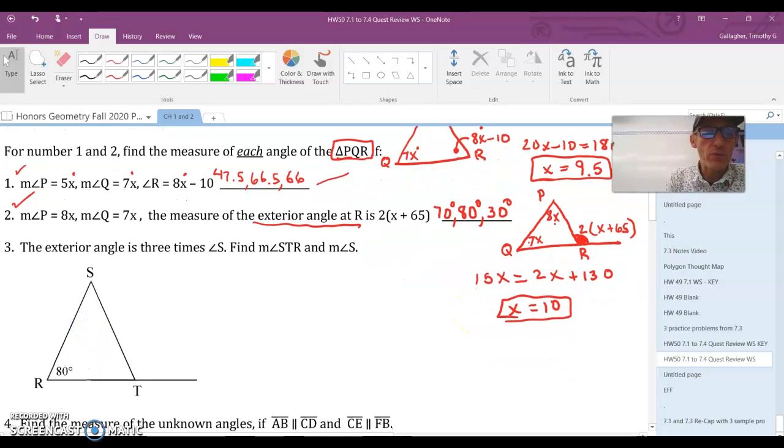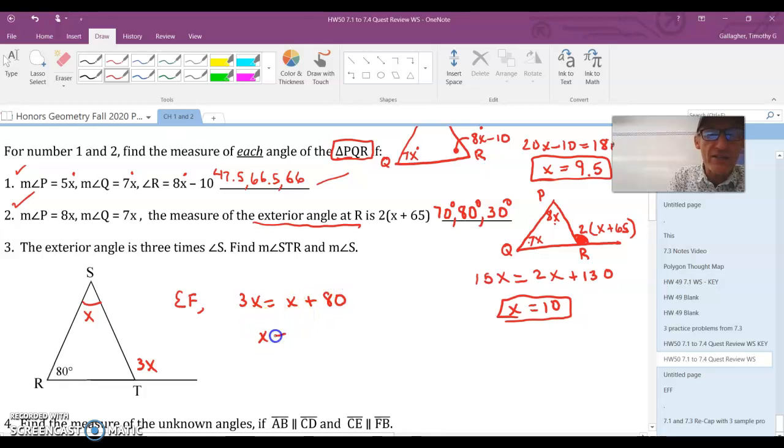Now problem number 3 says the exterior angle is 3 times the angle S. So if the angle is represented by x, the exterior angle is 3x. So the equation from the facts here is 3x is equal to x plus 80.